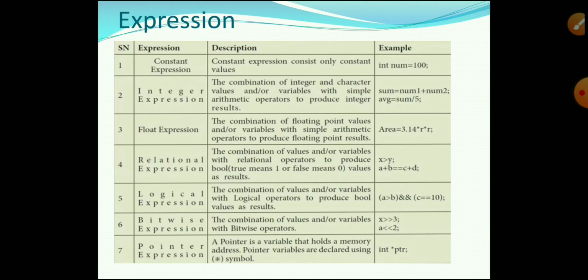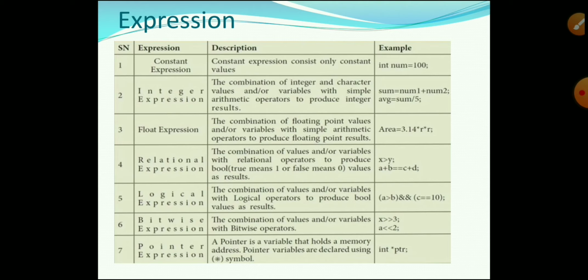Constant expression: the description and example are given. A constant expression consists of only constant values, such as num equal to 100. This is the normal value method. If we use the const keyword before the type, that is a constant expression. This value is not possible to change in a program, and that is called a constant expression.